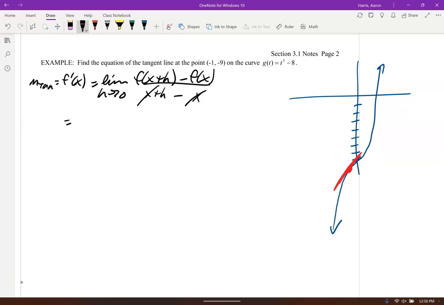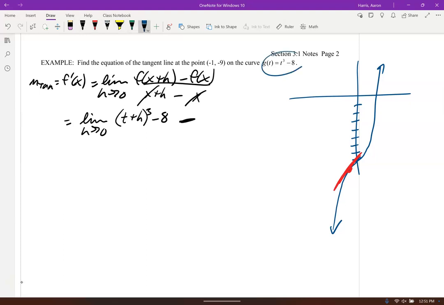So we have the limit of f of x plus h. So I have (t plus h) cubed minus 8. There's f of x plus h, but I'm using t's here, minus the original function.